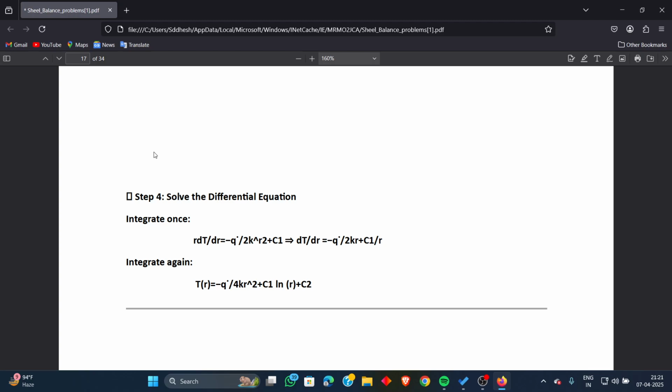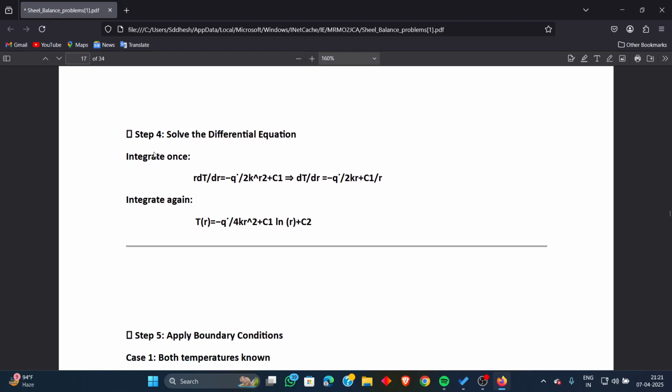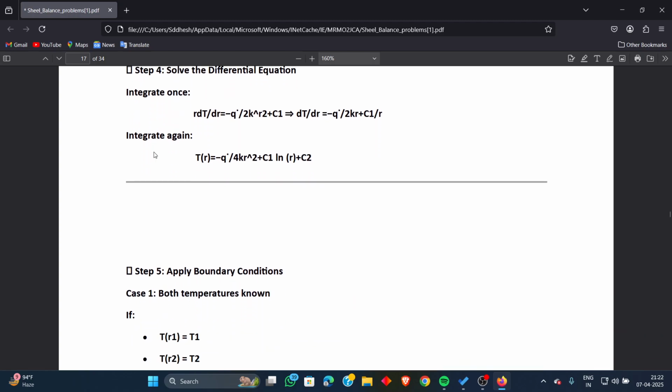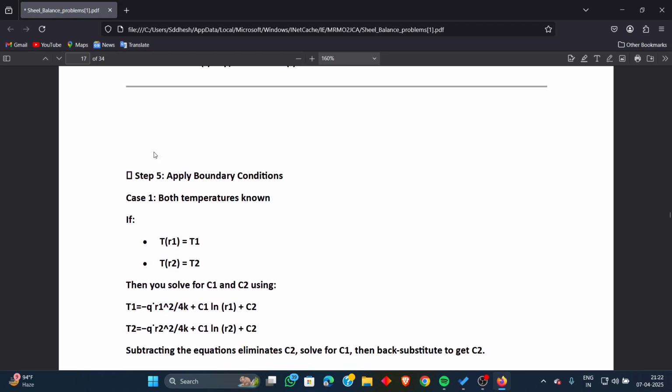Integrating again, we get T(r) is equal to minus Q dot upon 4K R square plus C1 ln R plus C2. C1 and C2 are the constants. Step 5, applying boundary conditions. Case 1, both the temperatures known.